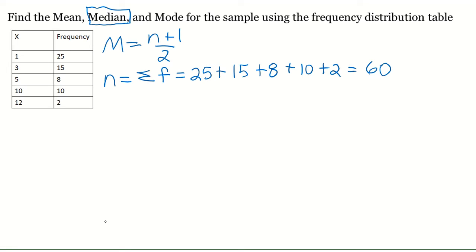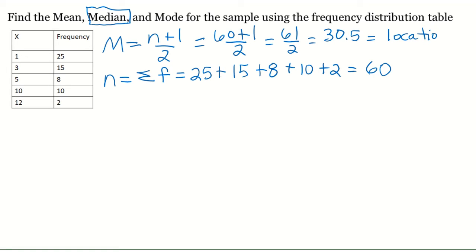So we have 60 data points in our sample size. So now we can say 60 plus 1 divided by 2 equals 61 divided by 2 equals 30.5. So this is the location of our median, which is the middle data point.